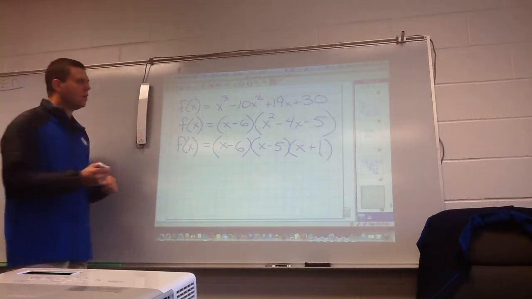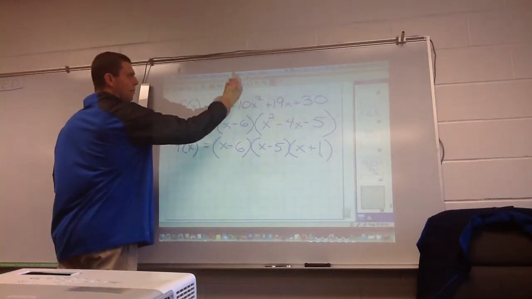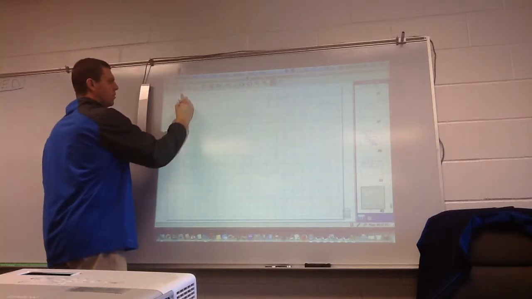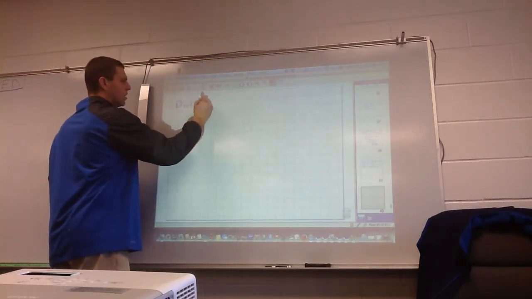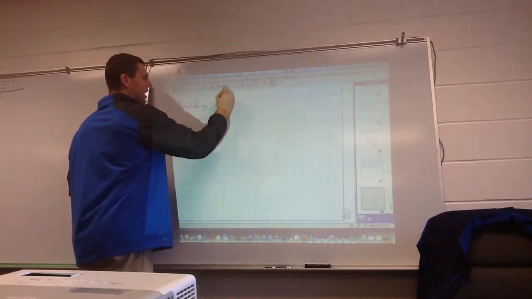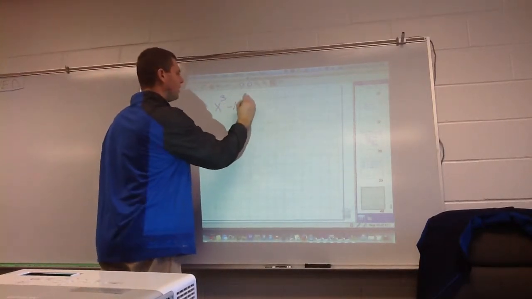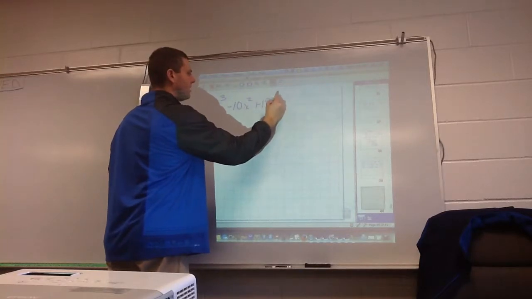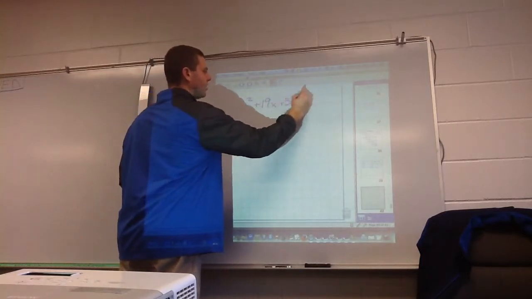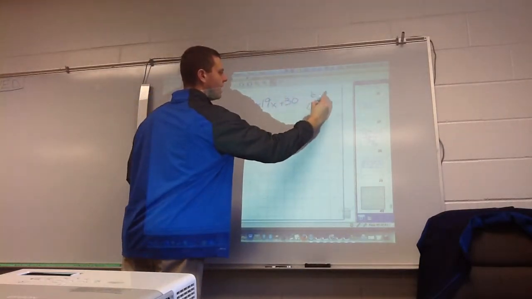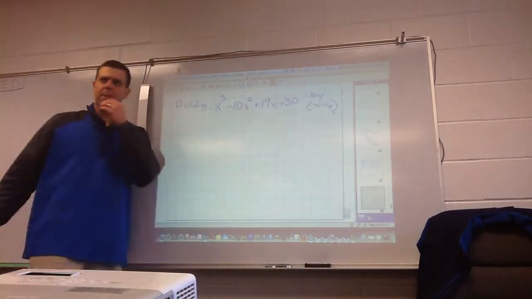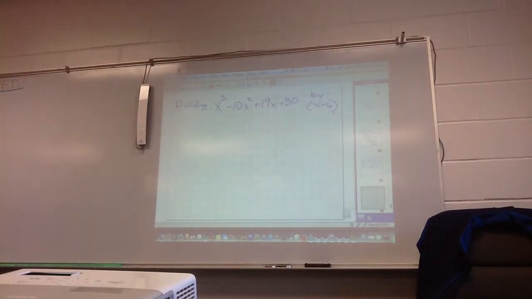So, in this problem, we were dividing x cubed minus 10x squared plus 19x plus 30 by x minus 6, right? That's what we were doing in that problem.